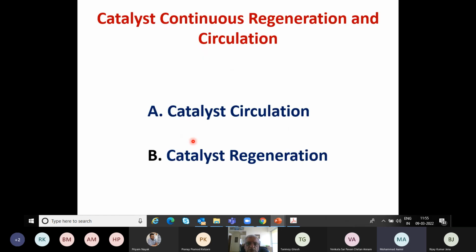Now coming on to catalyst regeneration and catalyst circulation. As far as the CCR reformers are concerned, two things are very important: catalyst circulation and catalyst regeneration. If you don't circulate the catalyst, there is no CCR reformer anymore. Then it becomes a semi-regenerative reformer.